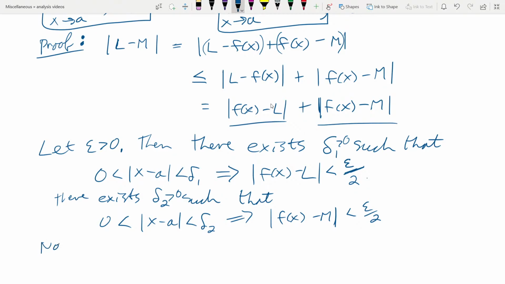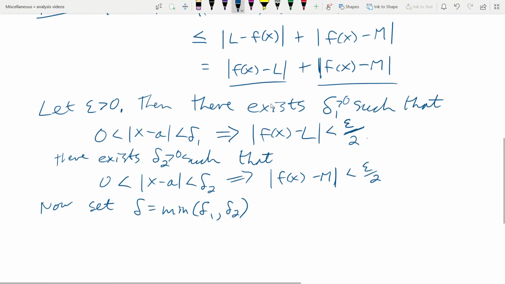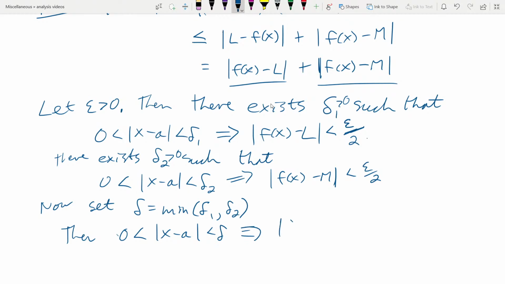Now, let's set delta equal to the minimum of delta 1 and delta 2. Then, if x is within delta of a, both of these expressions will have to be less than epsilon over 2. You can probably see where this is going.